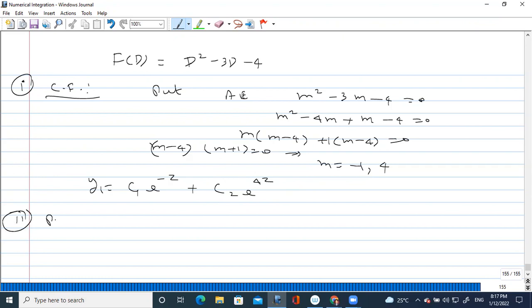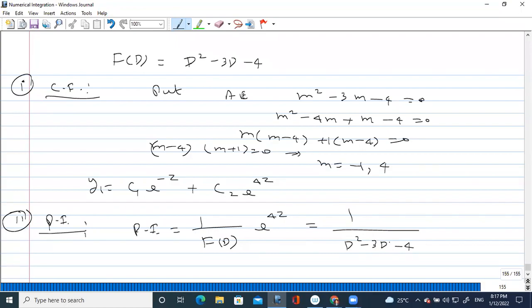Number second, the particular integral, the same method you have to apply. PI will be 1 upon f(D) into r. r is e to the power 4z. So 1 by f(D), f(D) is D square minus 3D minus 4, into e to the power 4z.